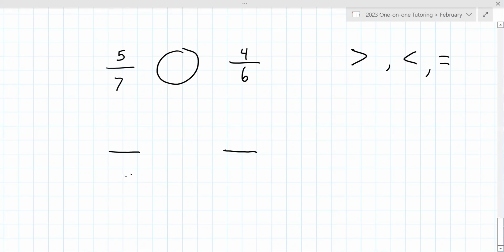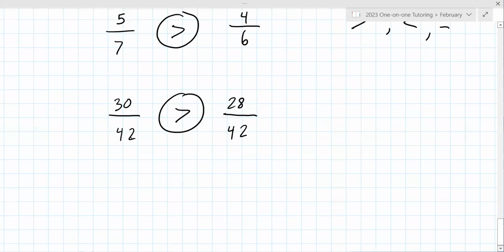What are your fractions? 5/7 is larger. So which of these symbols, A, B, or C? A. Yes. Okay. And you really want to show that it was 30 over 42 and this was 28 over 42.